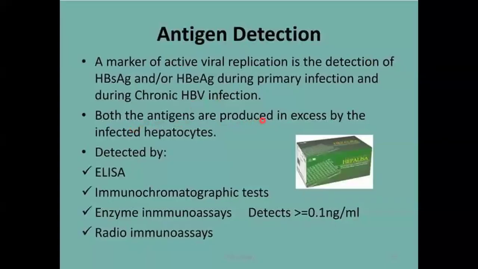Both the antigens are produced in excess by the infected hepatocytes. So you can use ELISA, immunochromatography test, enzyme immunoassay, radioimmunoassay. It detects greater than 0.1 nanograms per ml. Okay, so most commonly done is ELISA.